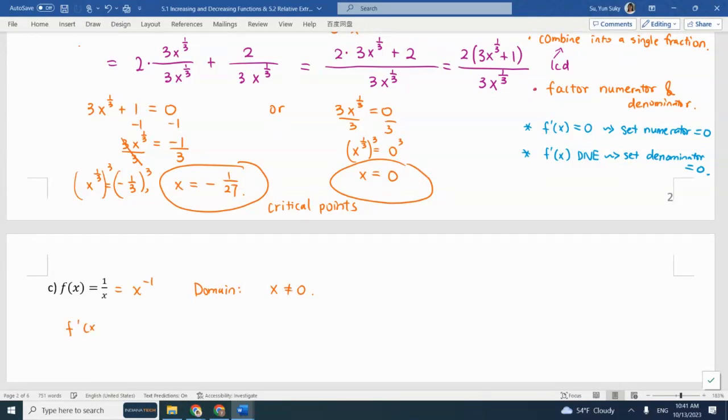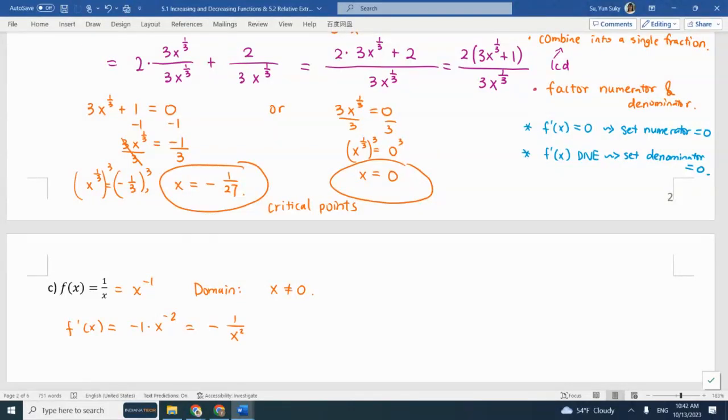Yes. George, what is the derivative? Do you see negative exponents? When you see a negative exponent, what do you do? Move it to the bottom. So this is -1/x squared.